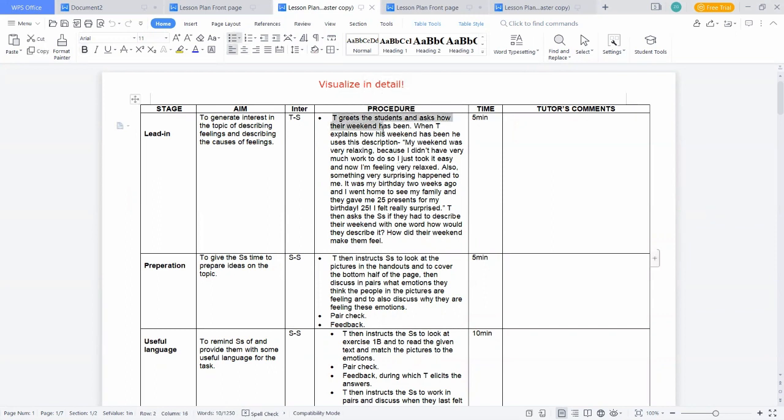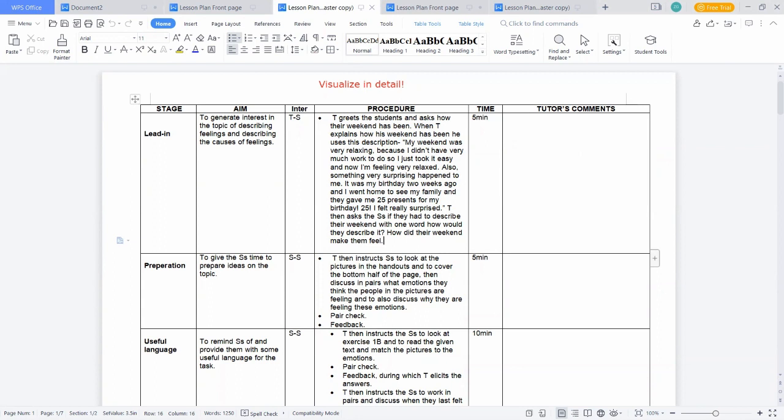Why do you do this? Because it will help you to see problems with your own plan. Very often when I planned these, I would think about my procedure and realize, wait a second, what I'm planning to do doesn't actually work in the classroom environment because I went into detail.